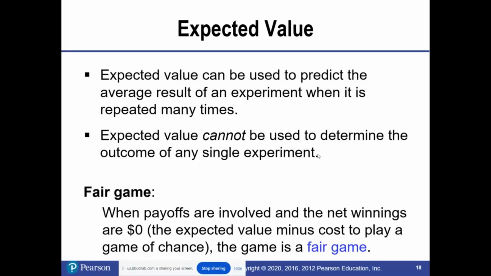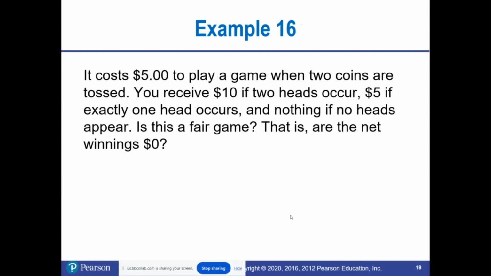When that happens, we call it a fair game. So if you pay $10 to play the game, and then you end up winning $10, then you break even. Okay, so when the expected value minus the cost is 0, then that's considered a fair game.